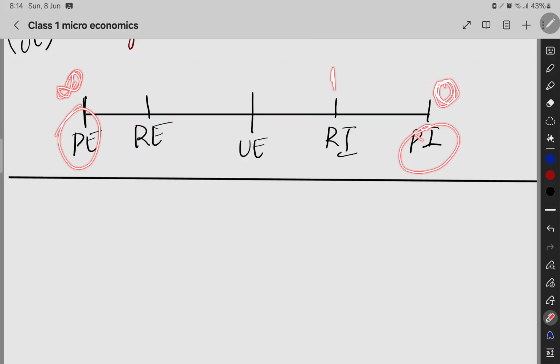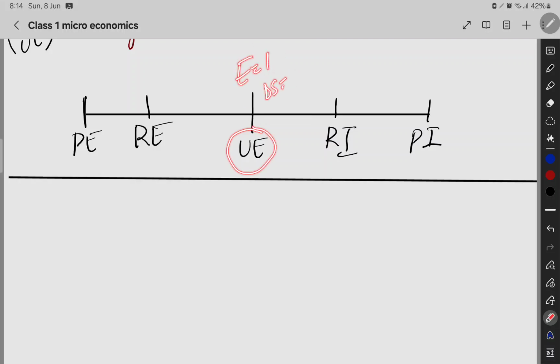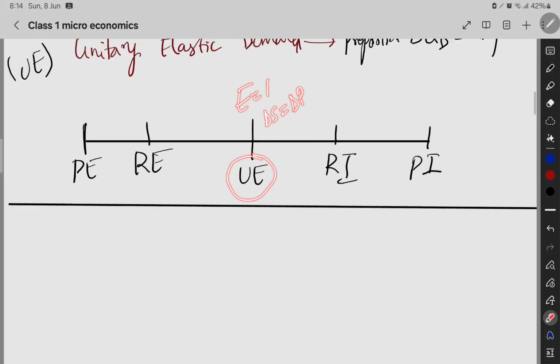But relatively inelastic is a small change in quantity demanded or supplied with respect to change in price. Relatively elastic is a large change, and unitary elastic is a proportional change in quantity supplied with respect to change in price.